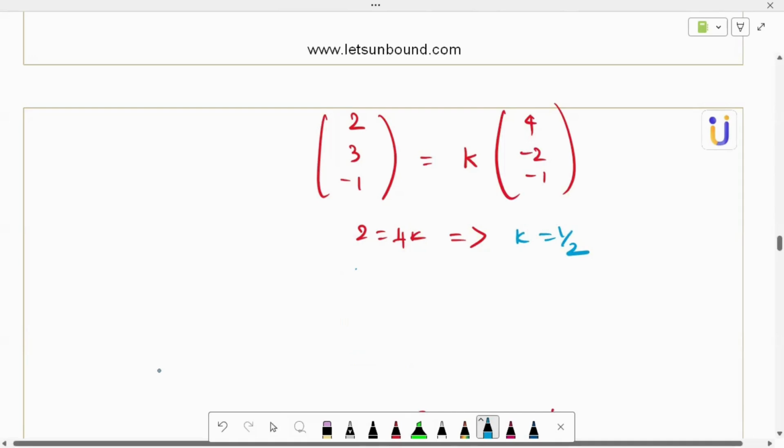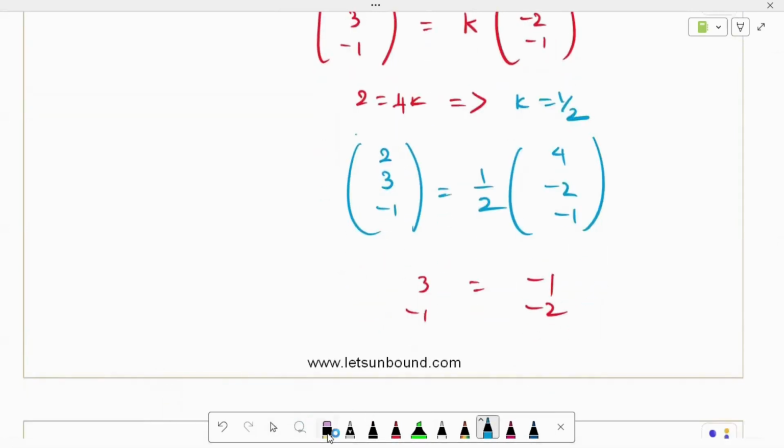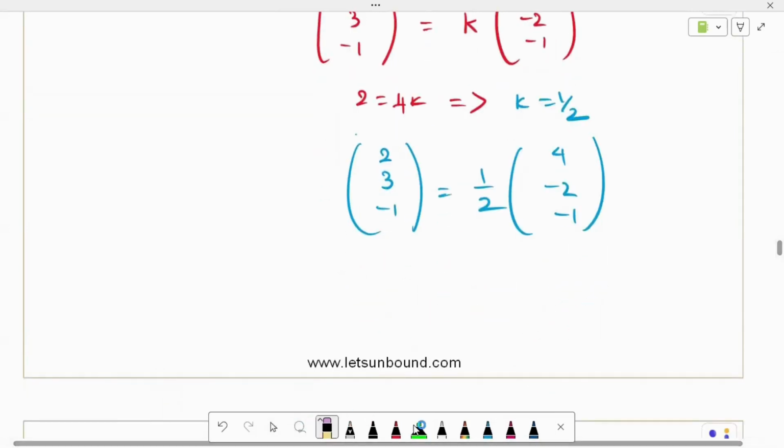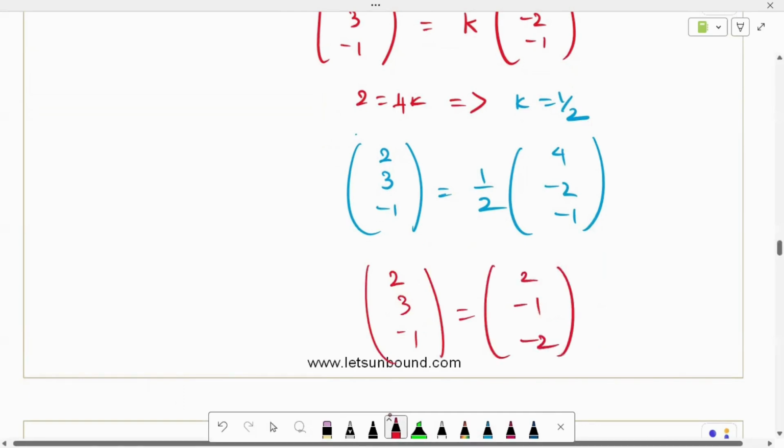So K is half and we get 2, 3, minus 1 equals half times 4, minus 2, minus 1. Solving it further, we get 2, 3, minus 1 equals 2, 1 by 2, minus 1, minus 2. This pair is equal, but is the entire vector equal?